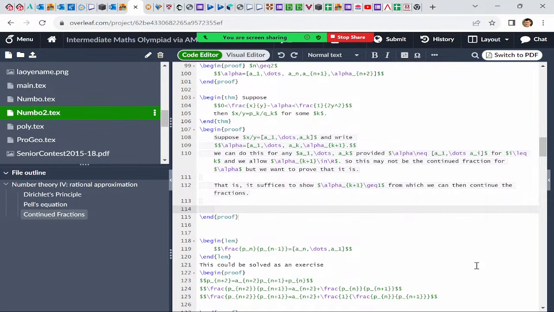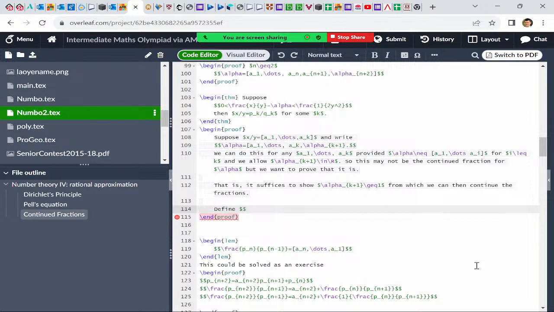Okay, you guys remember what the first step was? The first step. What does it say? Suffices to show this is really involved.